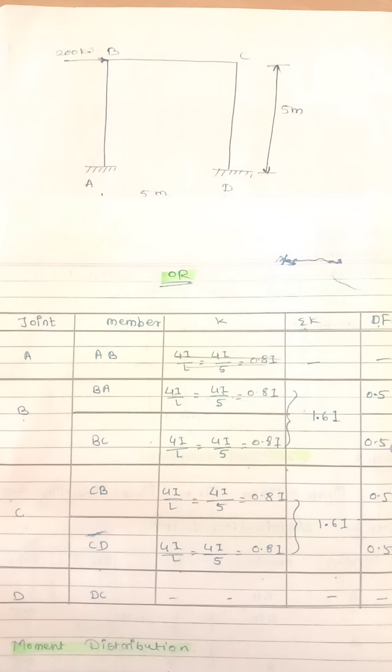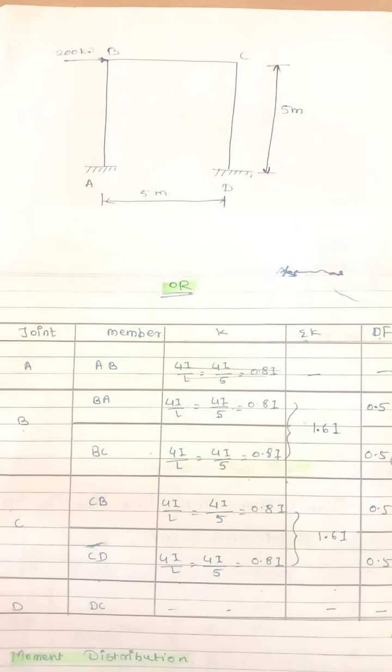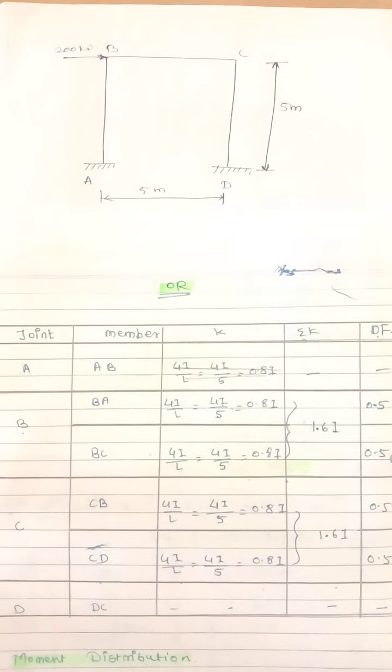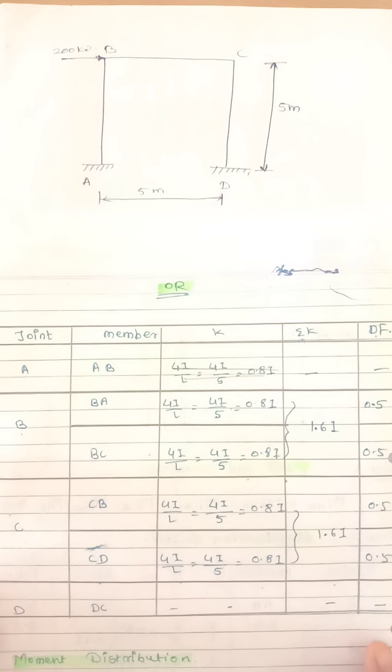Before finding the end moments from the moment distribution table, firstly we find the fixed end moments from the given figure. You can see that over this frame a 200 kilonewton horizontal point load acts.